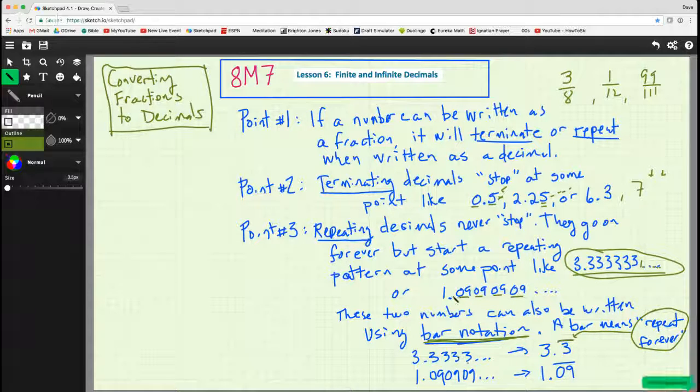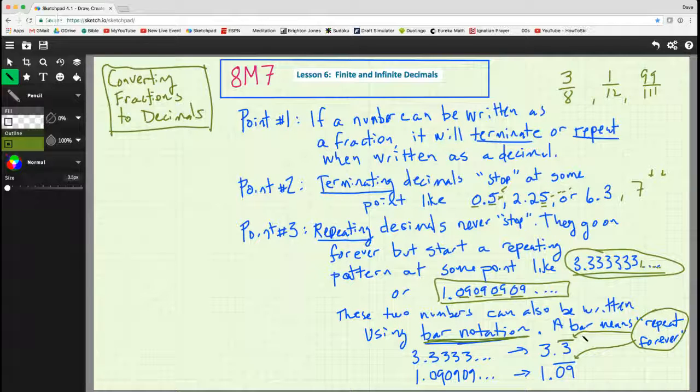And in this case, this 1.0909090909, you don't have to write it this long. Instead, you could just write 1.09 with a bar, and that means to repeat forever the 0 and the 9, like this: 0, 9, 0, 9, 0, 9. But we don't have to write all that green stuff. We can just leave it here with this blue stuff and the bar. Okay, so that should all be familiar to you.